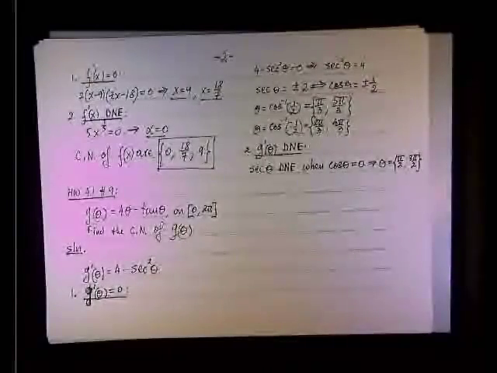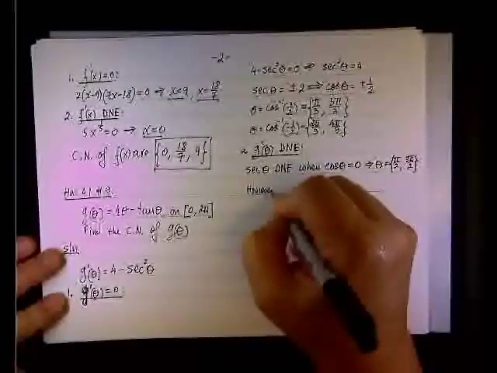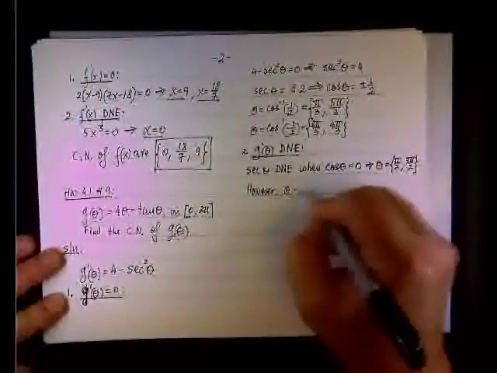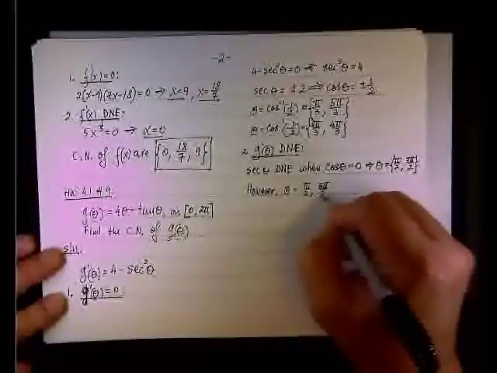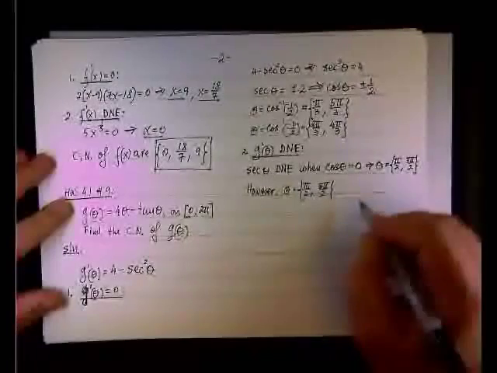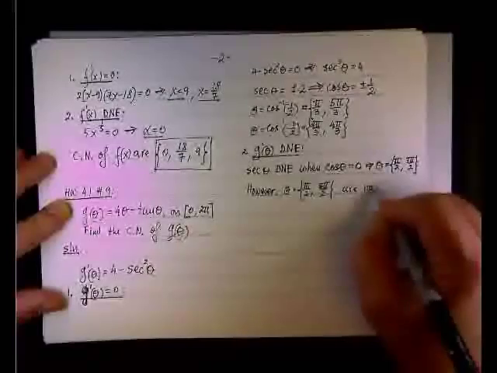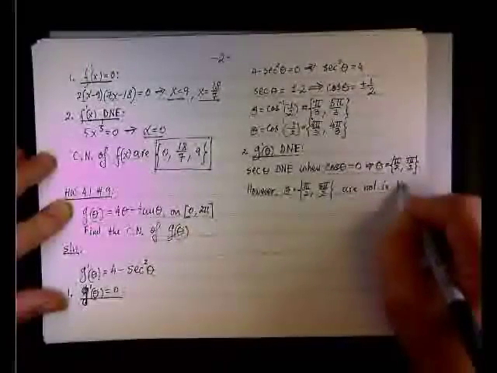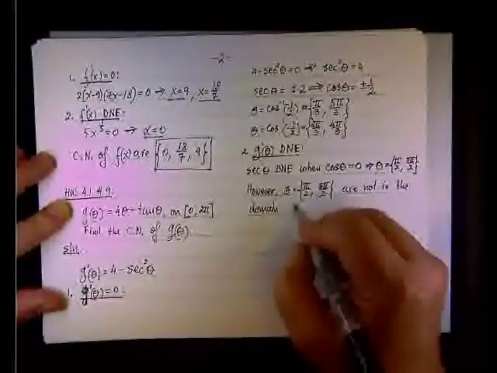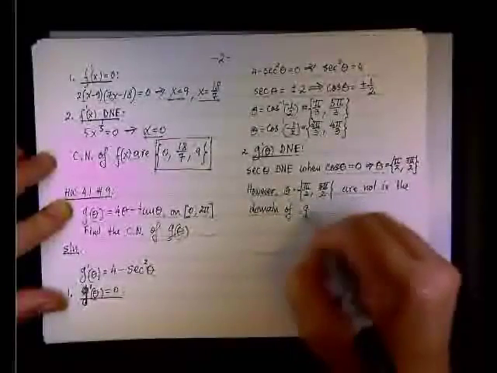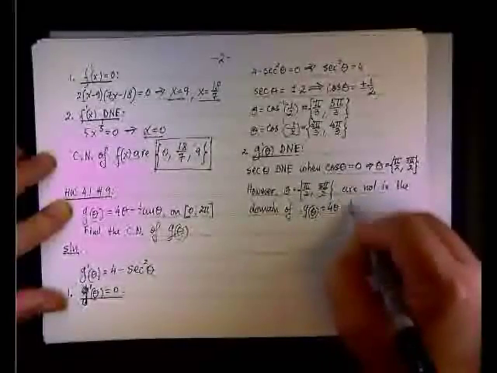So we're going to say that, however, theta equals pi over 2 and 3 pi over 2 are not in the domain of our function, g of theta equals 4 theta minus tangent theta.